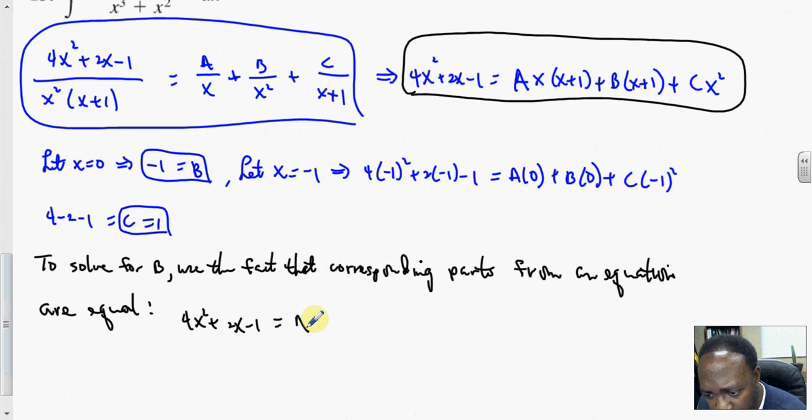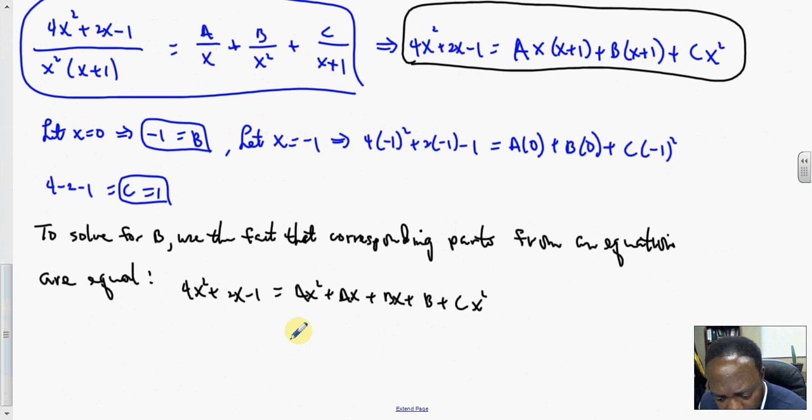we expand everything out. This is ax squared plus ax plus bx plus b plus cx squared. I get all the corresponding terms together. So notice here that this is 4x squared plus 2x minus 1. Get all the x squares together. So this is a, not a 4.